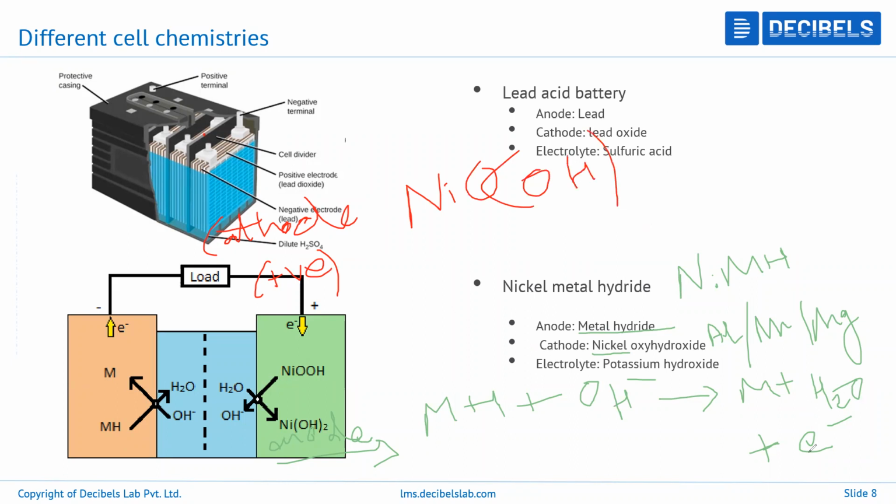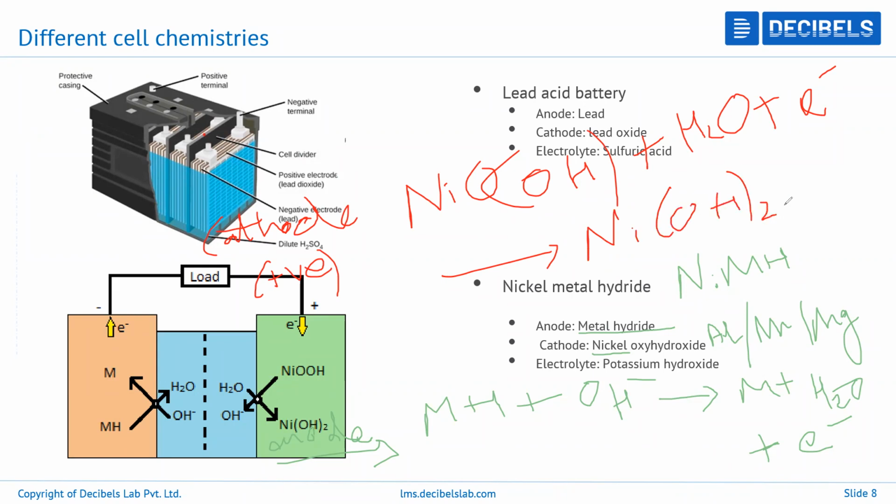Whatever water is released over here will react with the nickel oxyhydroxide plus one electron, and gives nickel dihydroxide, Ni(OH)2, releasing one hydroxide ion. So this is your complete reaction occurring within the nickel metal hydride cell.